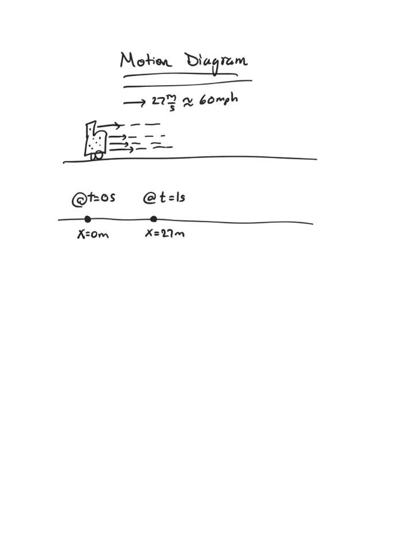Because in 1 second, the car, which is represented by the dot, has to move to the right 27 meters. And after just 1 more second, at time equals 2 seconds, the car will now be at x equals 54 meters. So it will travel another 27 meters in that 1-second time interval from 1 second to 2 seconds.